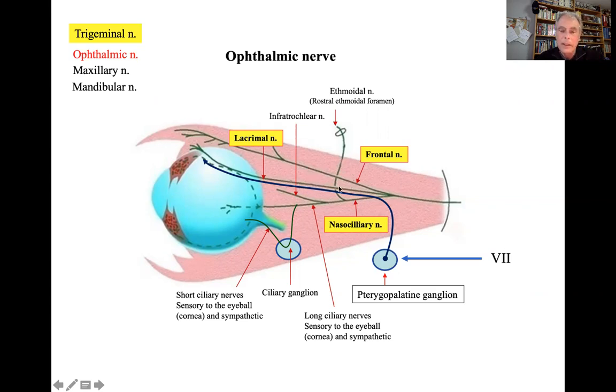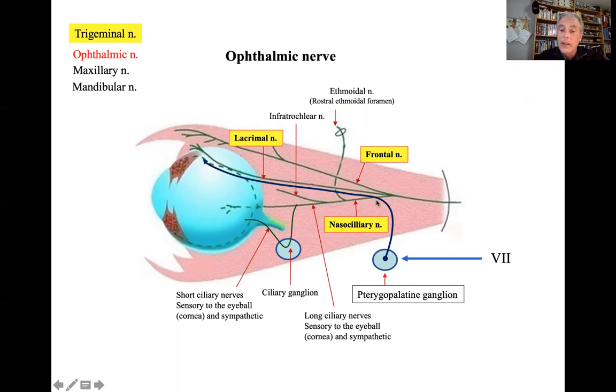This lacrimal nerve runs up to the eye and is sensory for the conjunctiva, and also is carrying postganglionic parasympathetic nerve fibers from the facial nerve from the pterygopalatine ganglion. And these fibers join the lacrimal nerve in order to innervate the lacrimal gland.